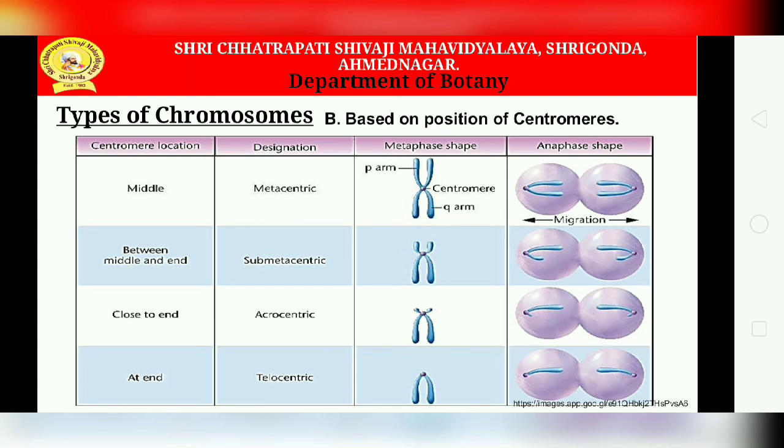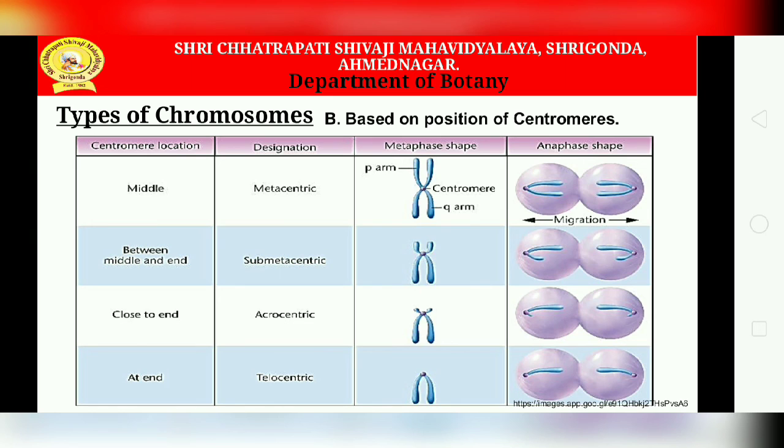One arm is very long and the other is absent. The next is acrocentric, second last. These are rod shaped chromosomes having subterminal centromeres. One arm is very long and the other is very small. Next is submetacentric.